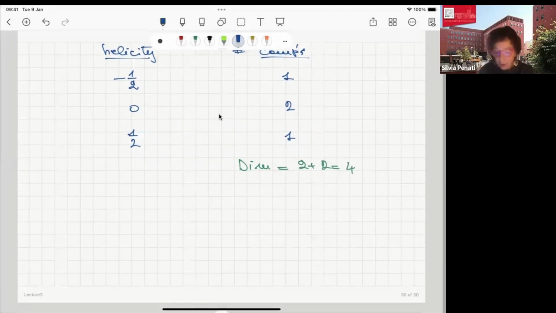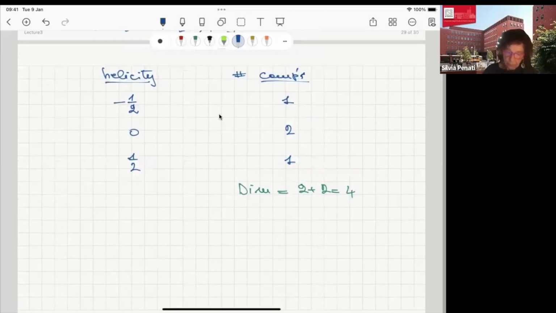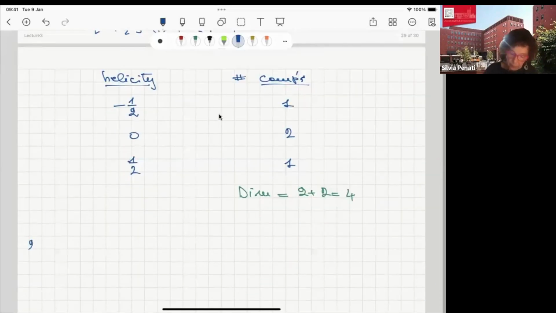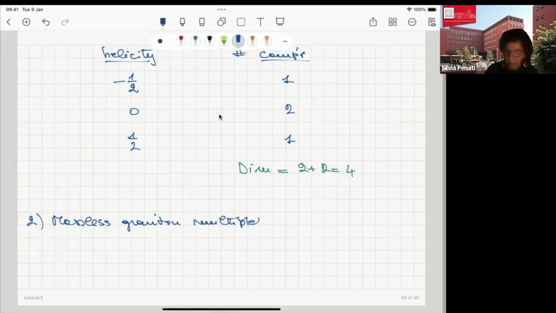Okay, let me just conclude with the second relevant example, which is the massless graviton multiplet. That corresponds, no, sorry. Before the graviton, we have the gravitino. Let's go in order.